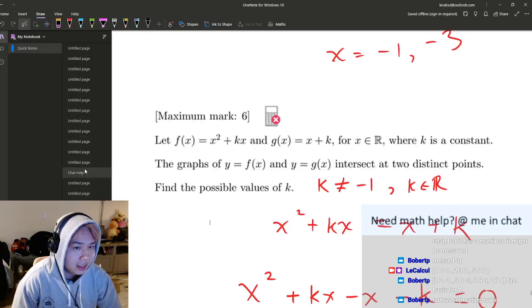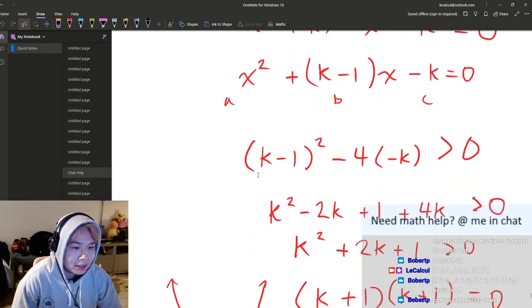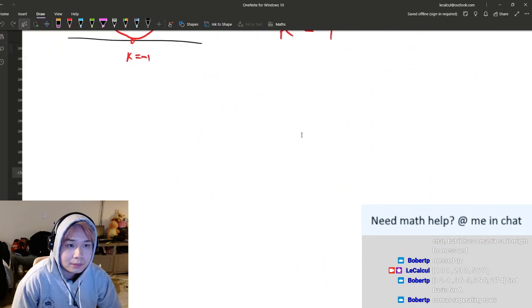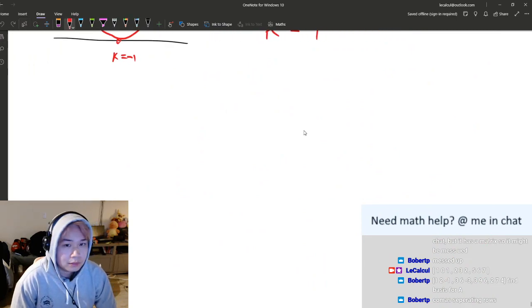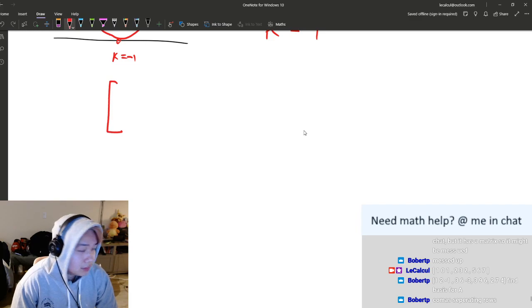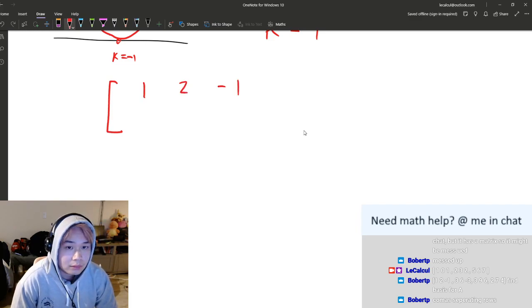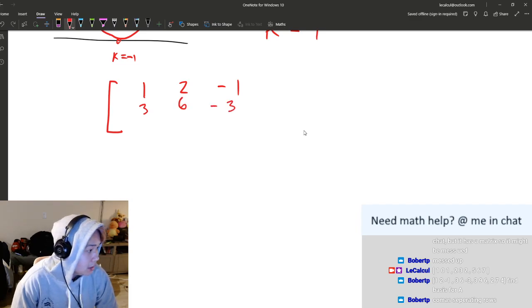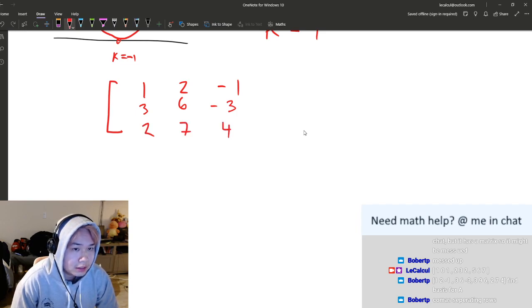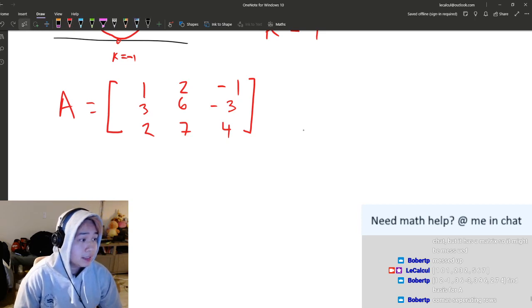because now I have my first math help question. So 1, 2, -1, 3, 6, -3, 2, 7, 4. And then this is your matrix A, and then we need to find a basis.